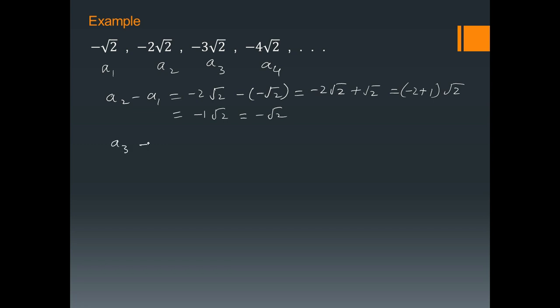Now third term minus second term. This is the third term and this one is the second term. Minus 2 square root 2, because this is the minus of the A3 minus A2, and A2 is itself minus, so these two minus will be multiplied and we are getting plus over here.